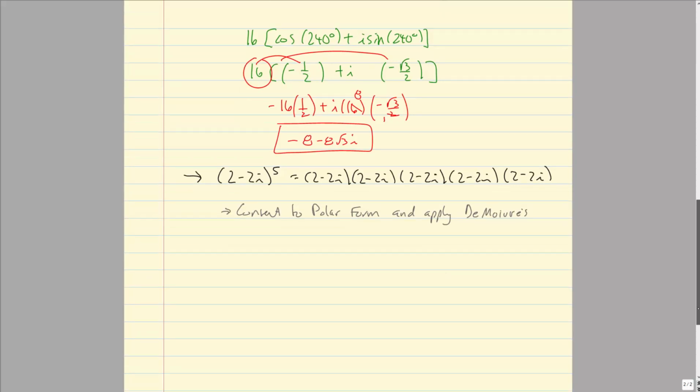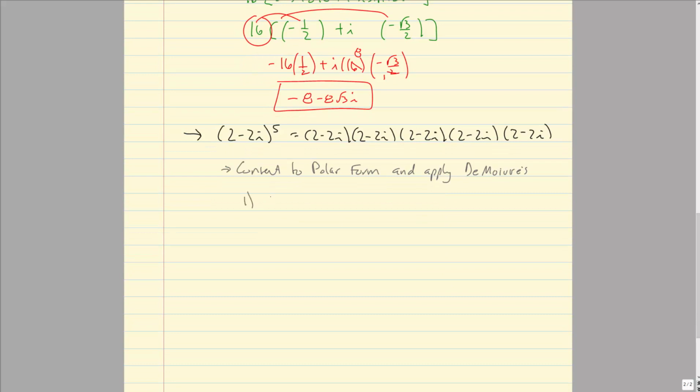Okay, so converting this to polar form, the first step that we're going to take is to graph it and figure out which quadrant we're in. So if we graph this, I'm going to go 2, minus 2. So I'm in quadrant 4. So again, the 2 and the minus 2 come from right here. x is 2, y is negative 2.